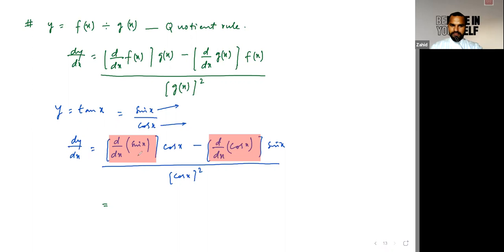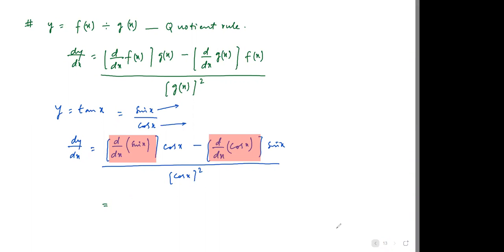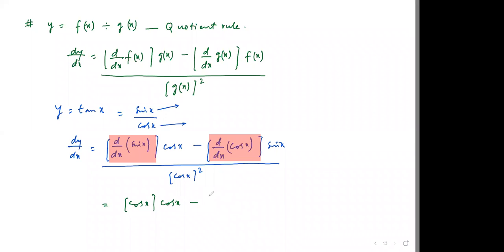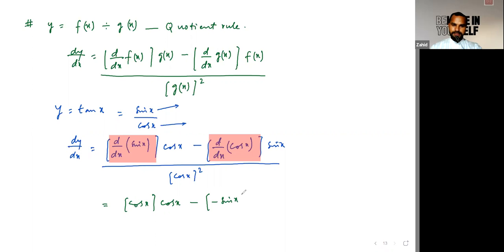This part, we have to differentiate this sine x. Tell me the differentiation of sine x. It will be cos x, multiplied by cos x, minus. Pavas, just tell me the differentiation of cos x. It's minus sine x.